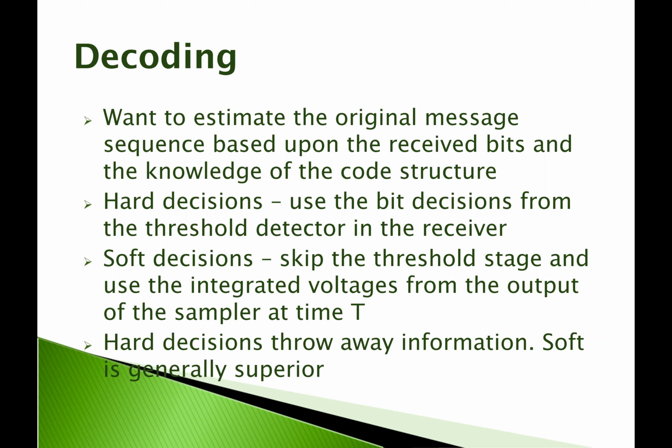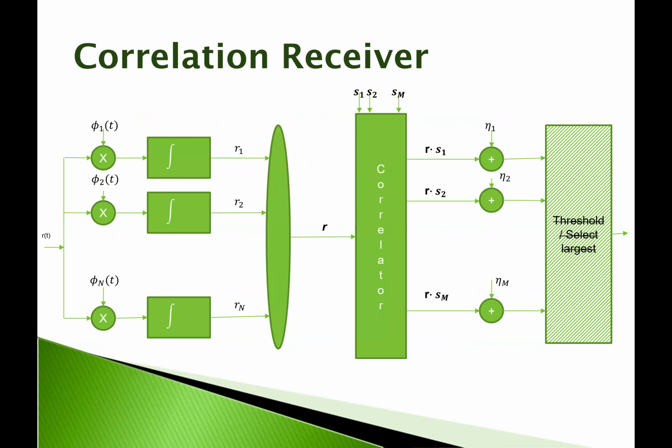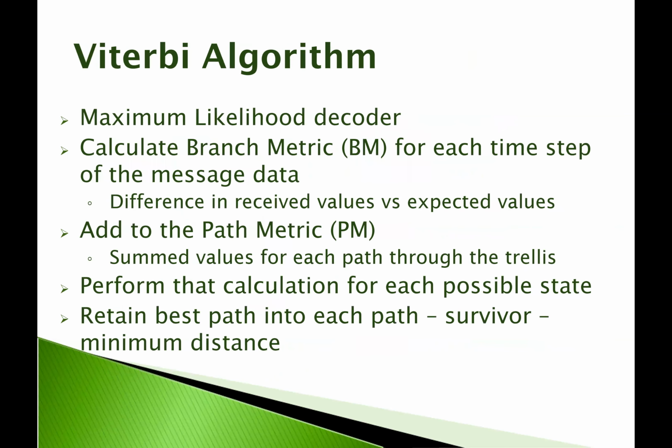So we're trying to capture that information and make better use of it. Hard decisions basically throw that information away, so soft decisions, in whatever kind of decoder we end up with, are generally going to produce superior results.